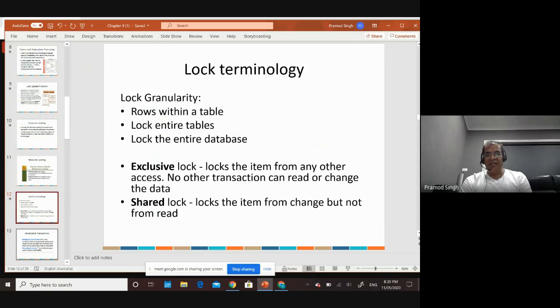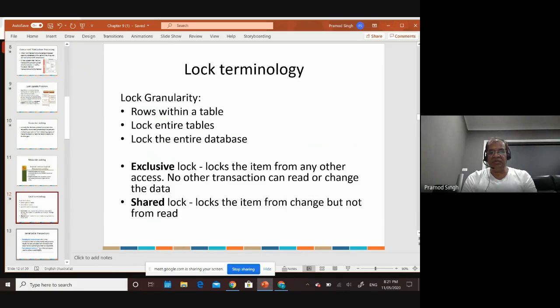But better than that, if you want to make it more efficient, there's another way of locking at the row level: exclusive lock and shared lock. An exclusive lock applies when you are going to read a record and then do some processing to modify it, then it becomes an exclusive lock.